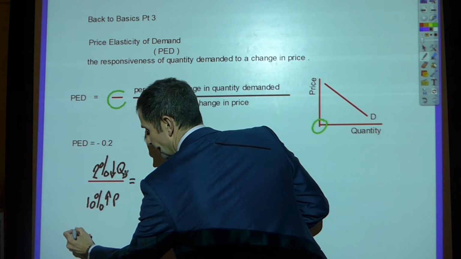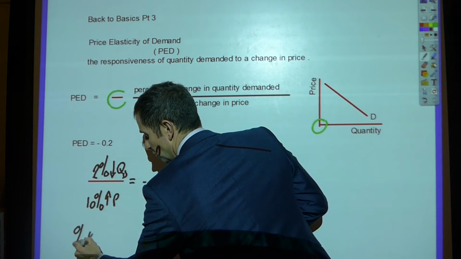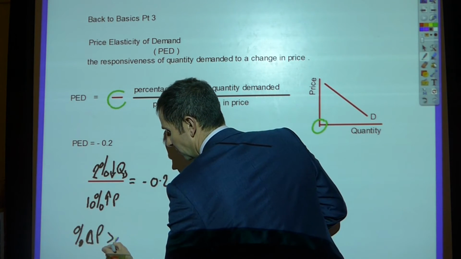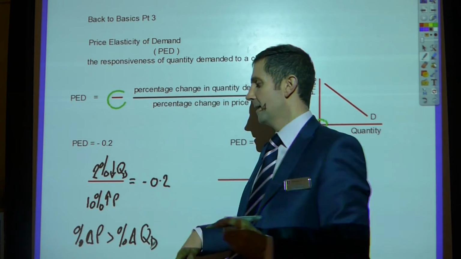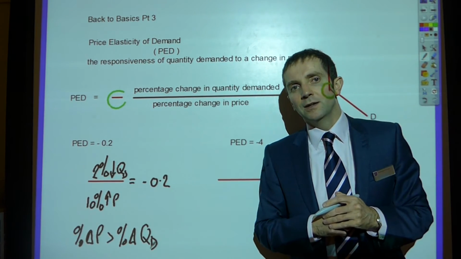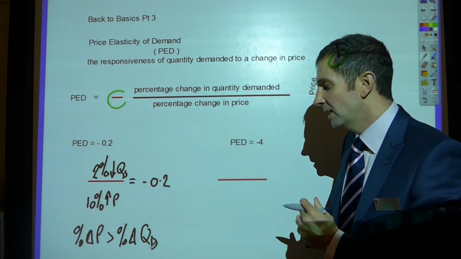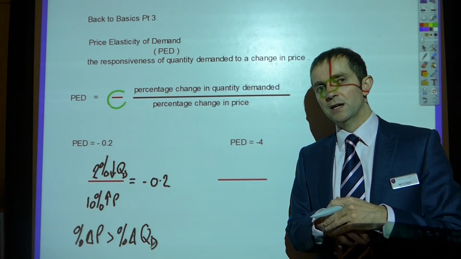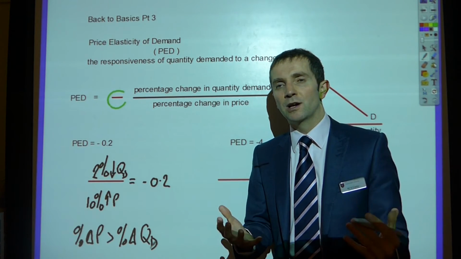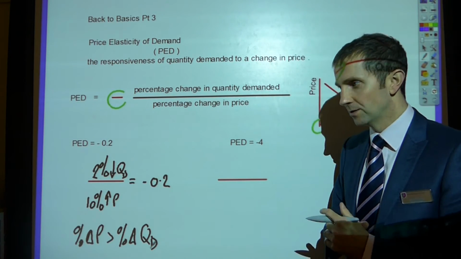And so because the percentage change in price is greater than the percentage change in quantity demanded, then I'm able to, with quite some certainty, increase price, and I know that my revenues will increase. Now you will know that as being price inelastic in demand.